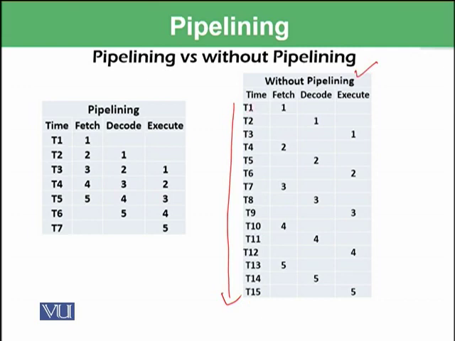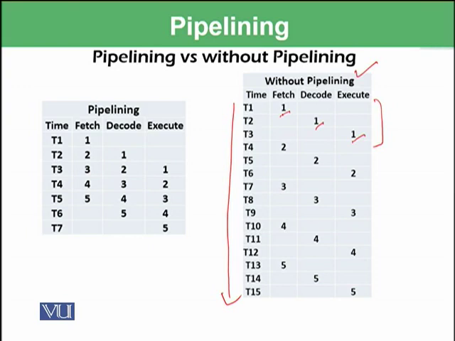At time T1, the first instruction will be fetched. At time T2, the first instruction will be decoded. At time T3, the first instruction will be executed. So this means we will need 3 time slots, maybe these are nanoseconds, to complete the first instruction.